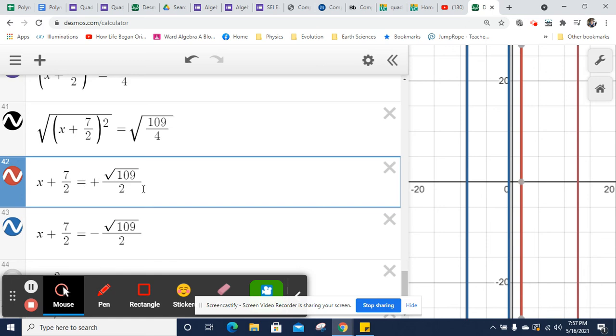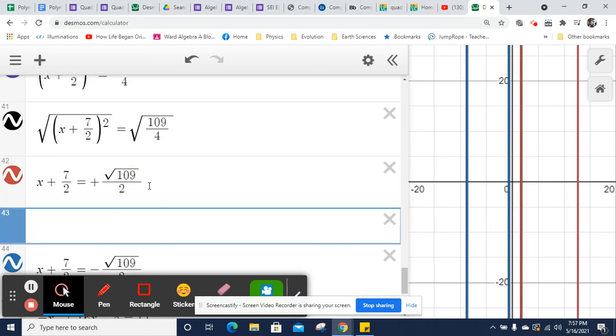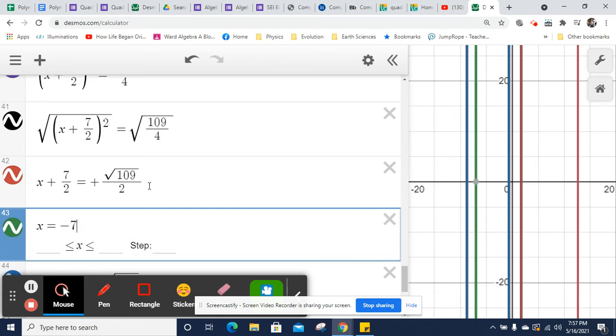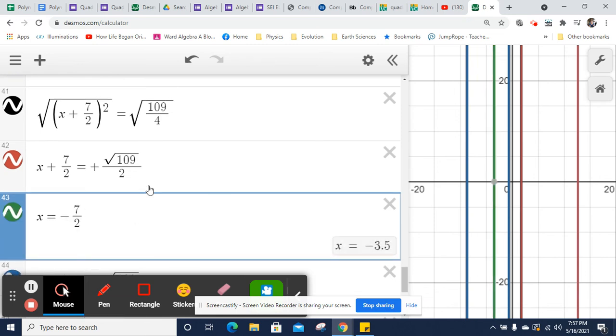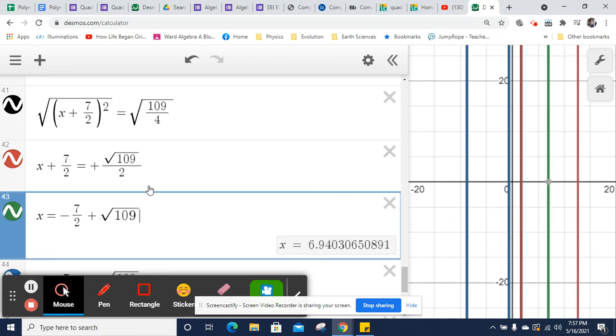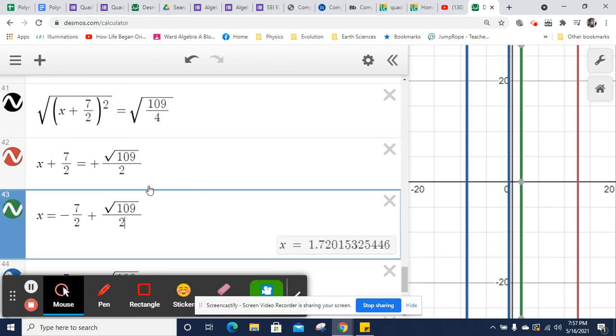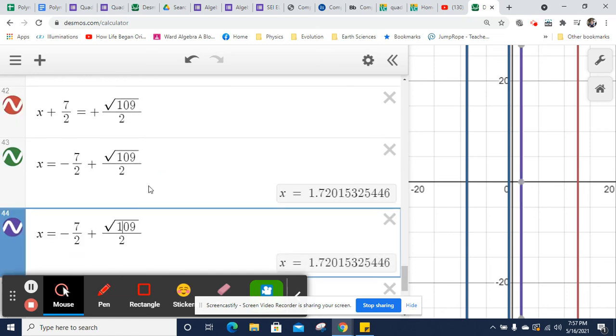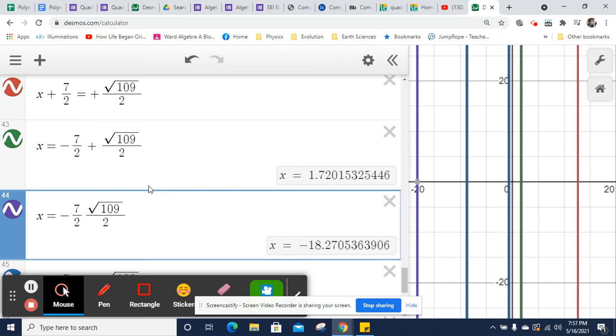So to solve for x, I'm going to subtract 7/2 from both sides. So x will equal negative 7 over 2 plus the square root of 109 over 2. And you notice we've got the same denominator. I'm going to deal with that in a second. And then I've also got the minus version.